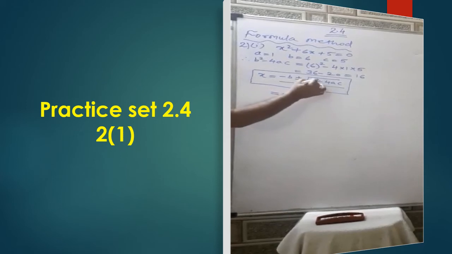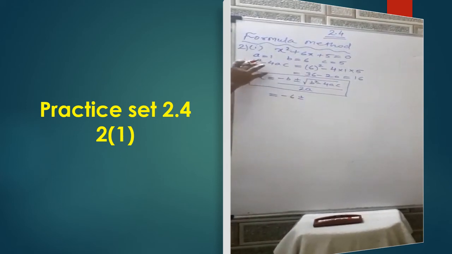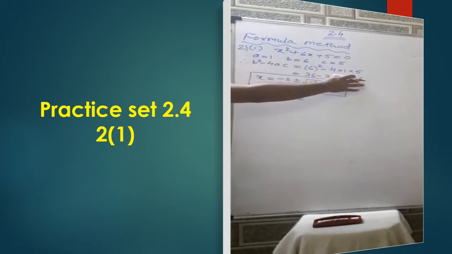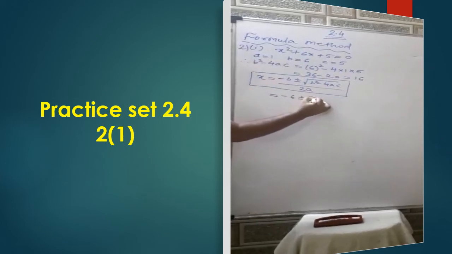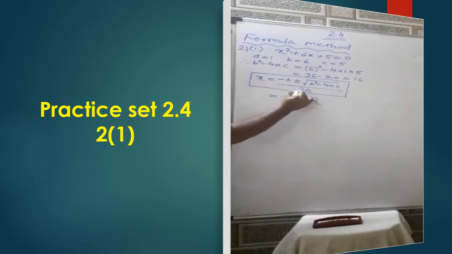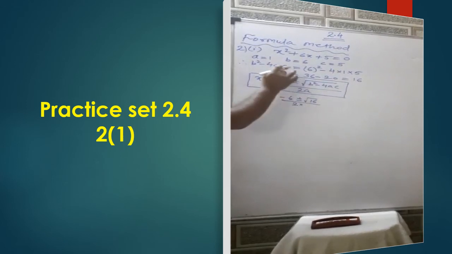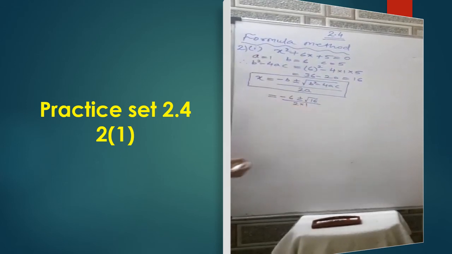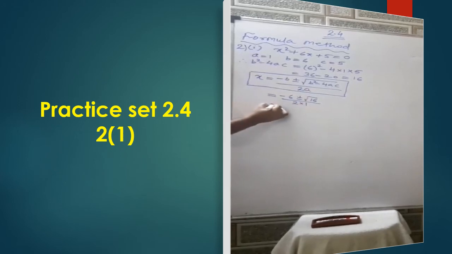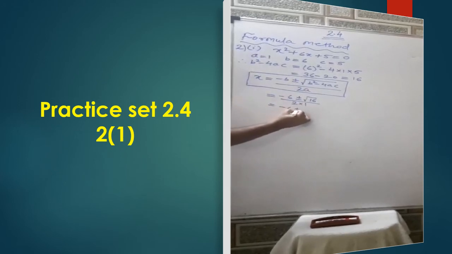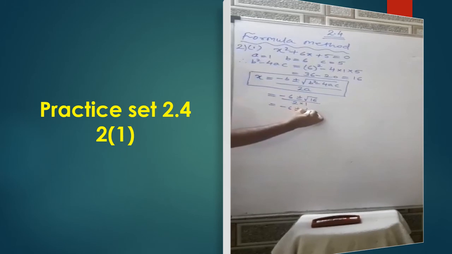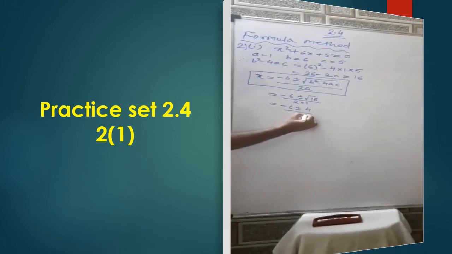Then plus minus. We got the value of b square minus 4ac, it is 16. So what we write here? Square root of 16 upon 2 into the value of a, 1. So minus 6 plus minus square root of 16, it is 4, upon 2.